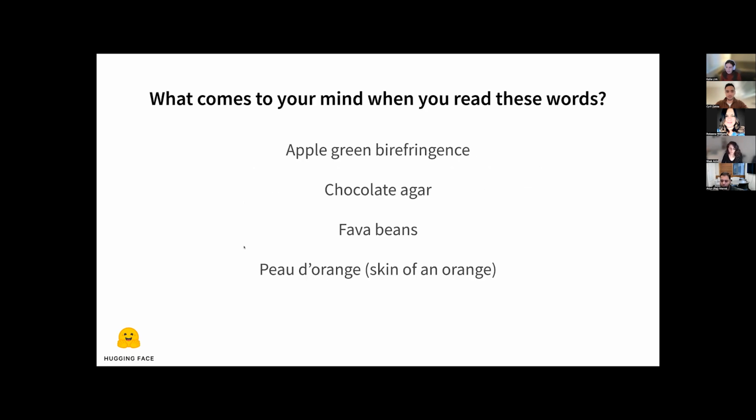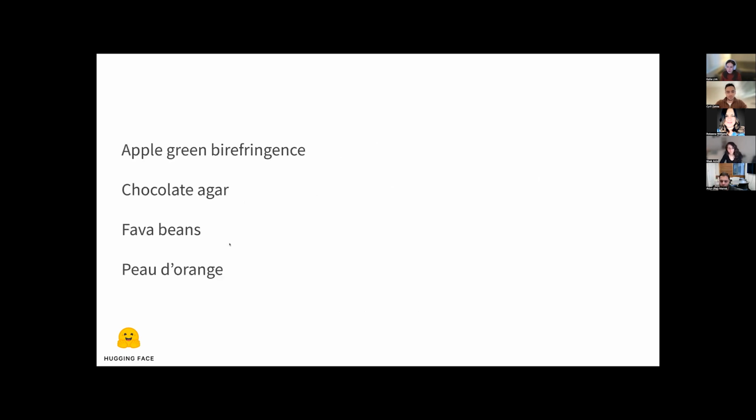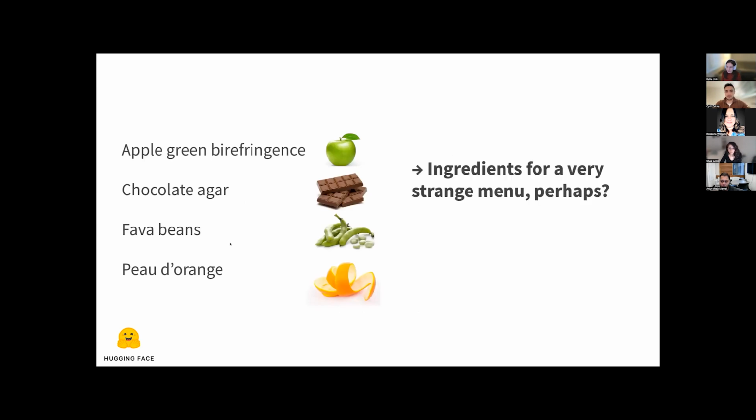And so to get started, I want to first ask this question. What comes to your mind when you read these words? Apple green birefringence, chocolate agar, fava beans, Podagra, which means gout. If you maybe don't have a medical background, you might be thinking of different types of ingredients, potentially for some strange menu.